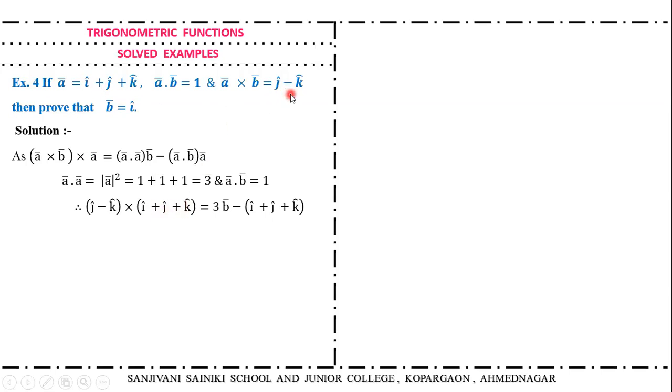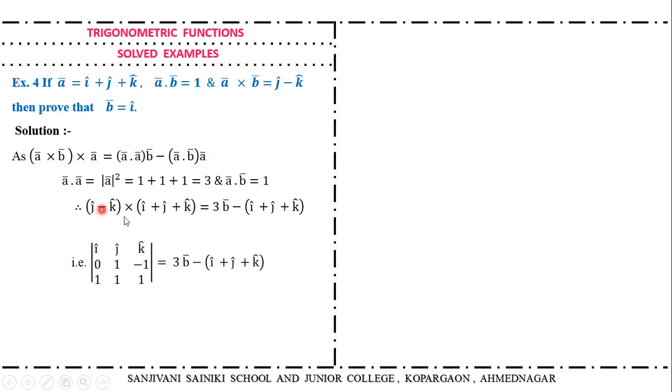So B bar cross A bar, we get the vector 3 B bar minus i plus j plus k by using this definition.